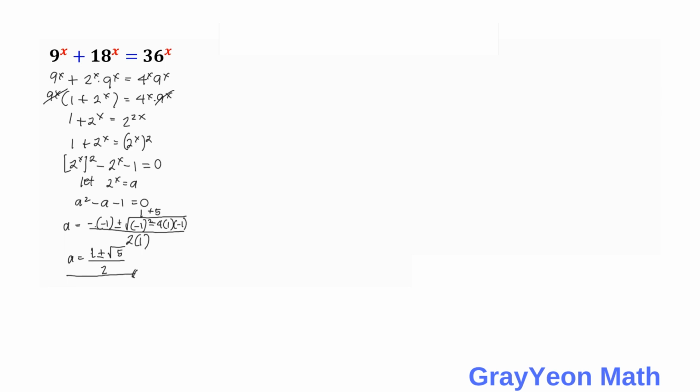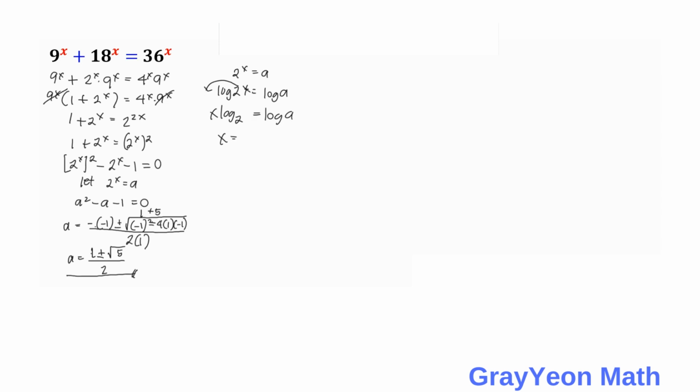But we know that earlier we let 2 raised to x be equal to a. We can put a logarithm on both sides. So we have the logarithm of 2 raised to x is equal to the logarithm of a. We can bring the exponent down, so we have x times log 2 equal to log a.